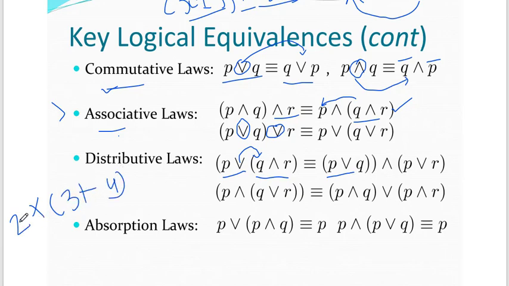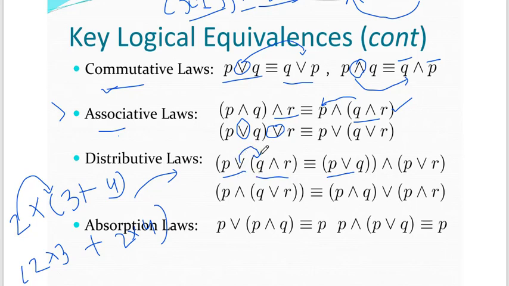If 2 multiplies with the bracket, then it will become 2 into 3 plus 2 into 4, okay. This is the same example, so we can use it in conditionals also.